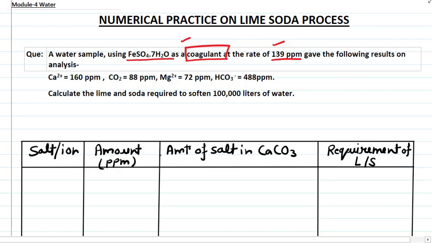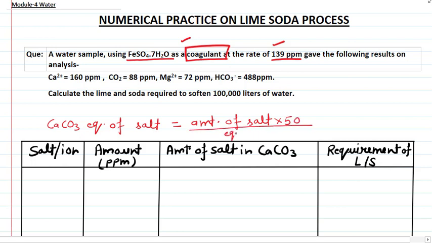First we have to write the formula which converts all the amounts of salts into calcium carbonate equivalent. It is: calcium carbonate equivalent of salt is equal to amount of salt multiplied by 50 divided by equivalent weight of salt.